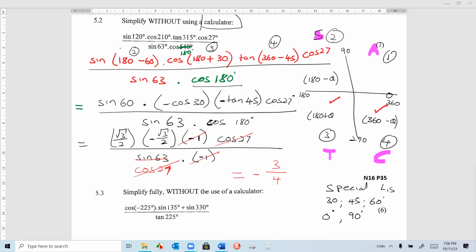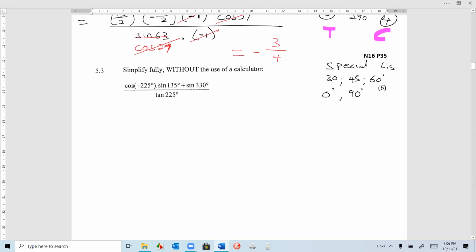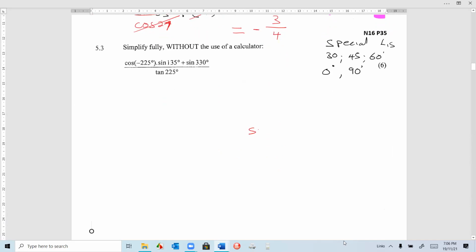Co-ratios. I taught you a little bit earlier about co-ratios, and this is what co-ratios mean. So if you take an angle like sine 40, the co actually means a complement. You did complementary angles in your younger form. A complement means it adds up to 90. So the complement of 40 is what? 50. 90 minus 40 is 50.